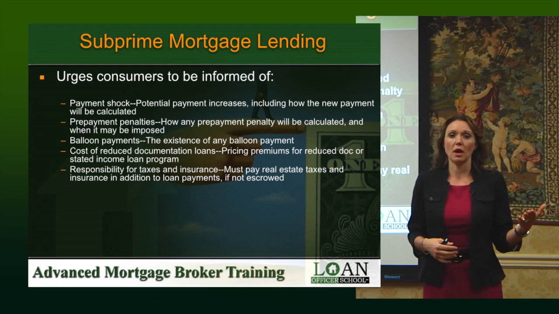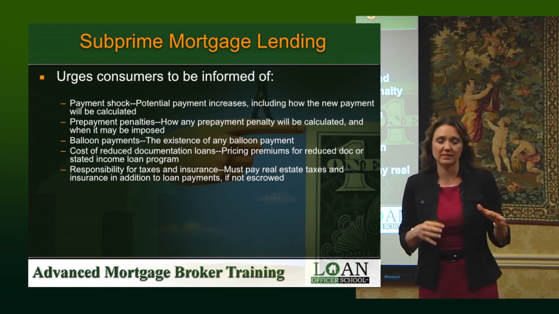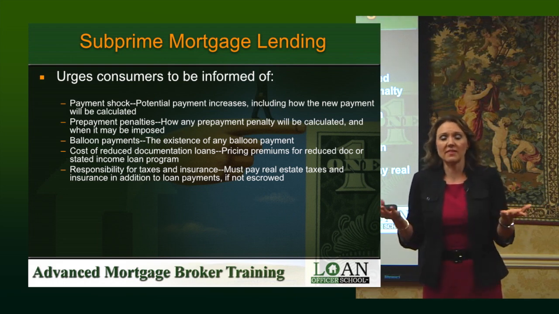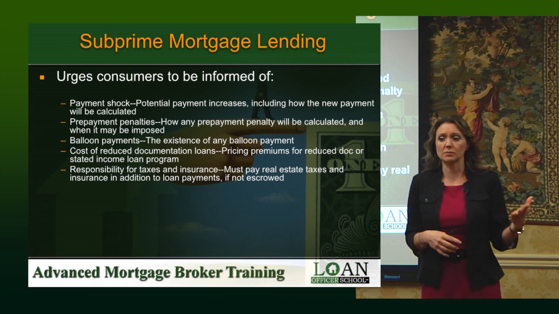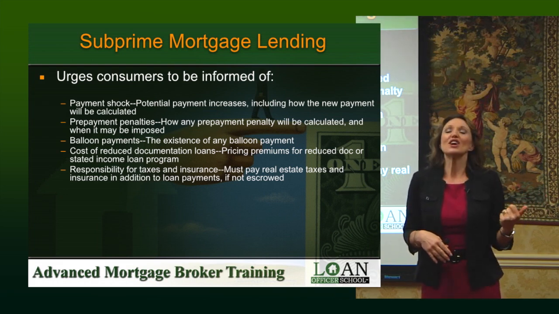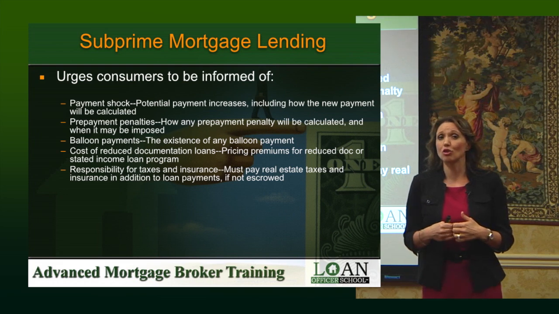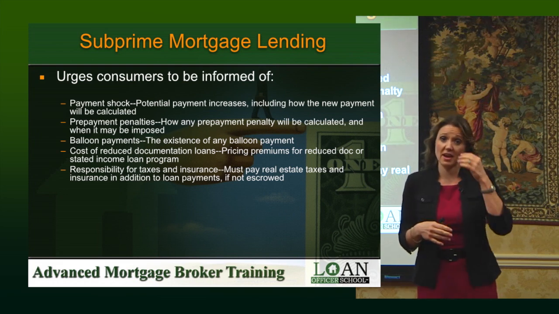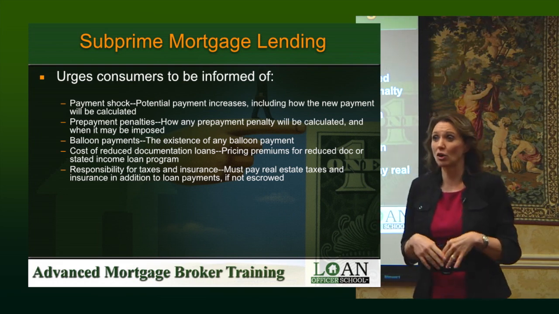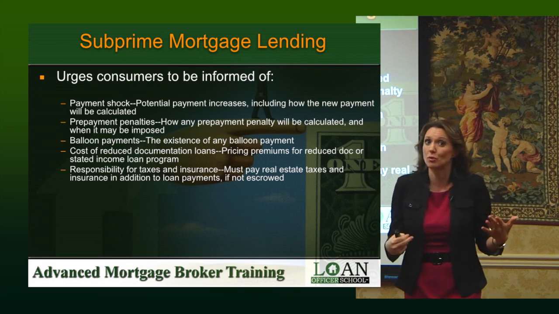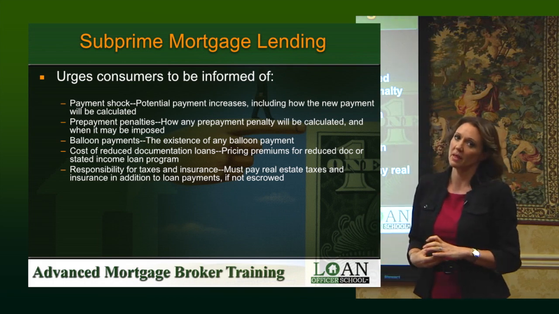So the tax bill comes due once or twice a year, it varies state to state, and all of a sudden they have this big fat tax bill due, and the customer's like, wait a minute, this is paid through my mortgage loan. No, it's not. So that's something, again, you need to make sure you're aware of. Do I know what is paid, and quite frankly, who pays it? Ultimately, you pay it. It's just where and how you pay it. So that was a common characteristic that people would do.